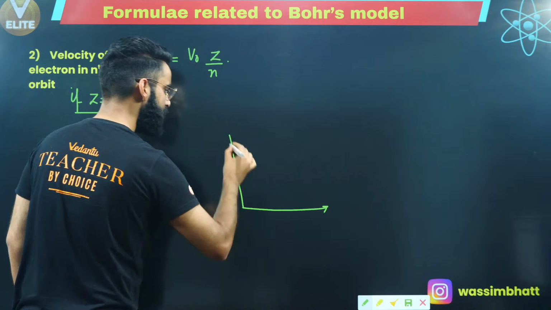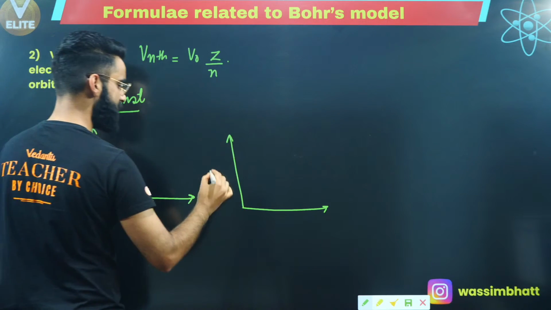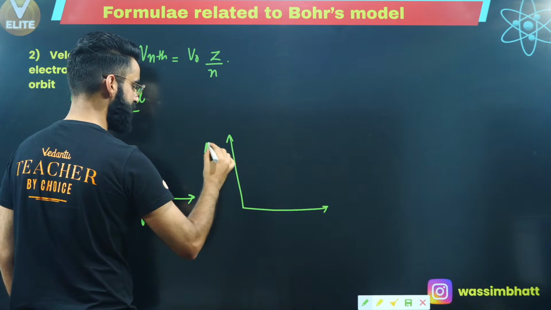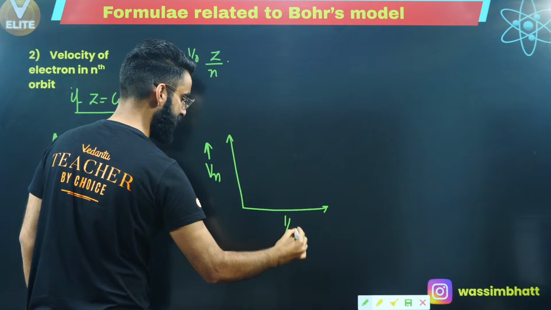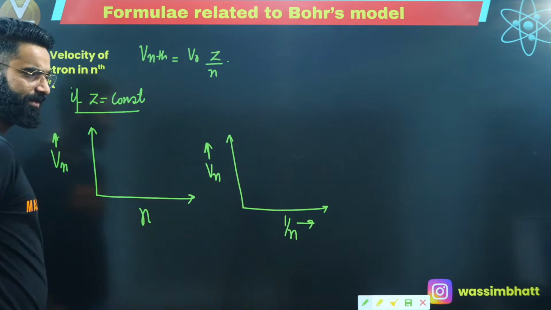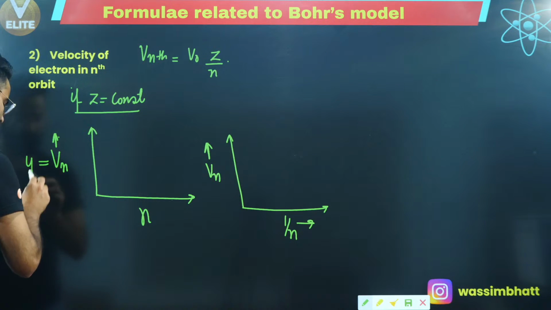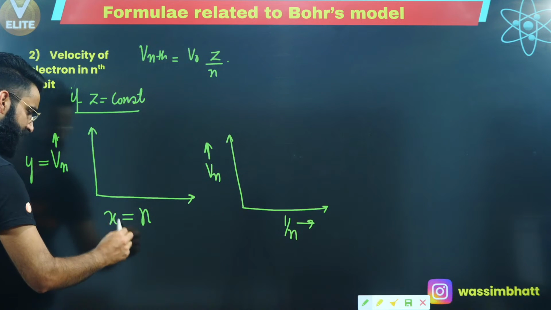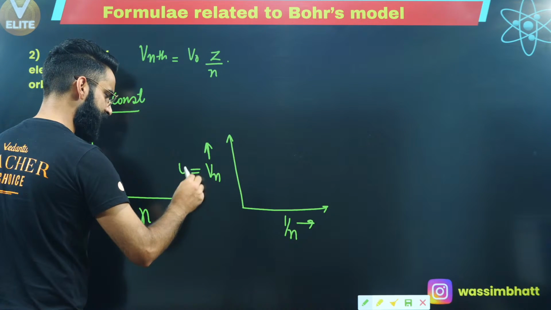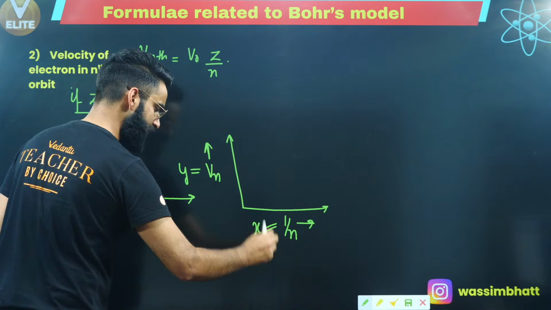The second curve, keeping Z constant, is velocity of the electron in nth orbit versus 1 upon N. So simple, you can draw these curves. Velocity of electron in nth orbit I'm plotting along the y-axis, and N, or 1 upon N, along the x-axis.